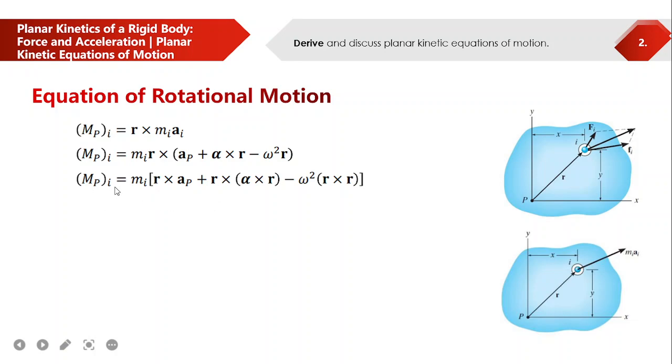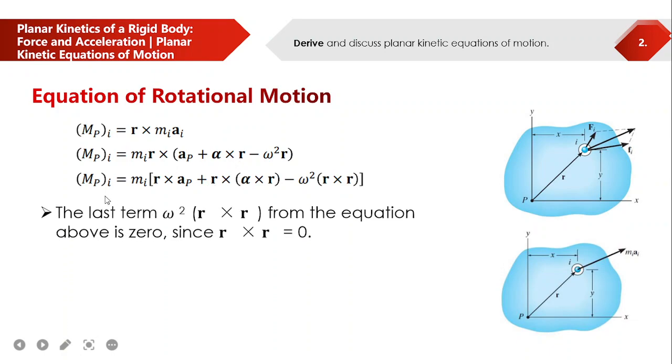So M sub P sub i is equal to m sub i times r times a sub P plus r times alpha times r, minus, we just distribute the r to each of the three terms. The last term, the angular velocity squared times r cross r, from the equation above is 0, since there is no angle between them, and sine of 0 is 0.